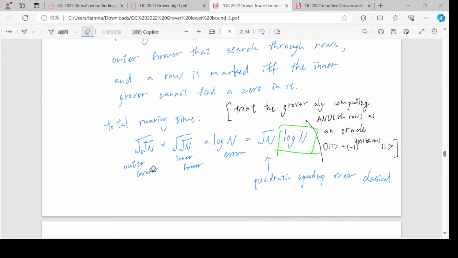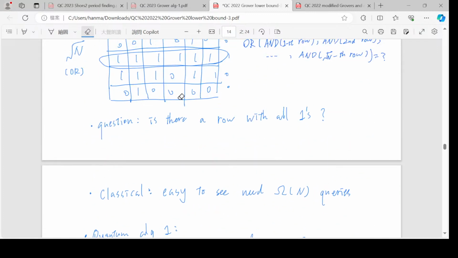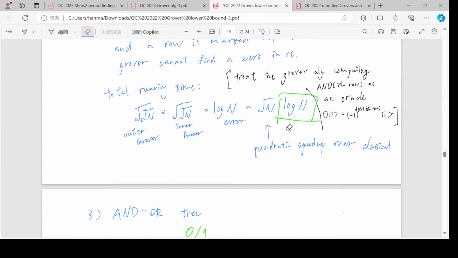So the total number of times is: the outer Grover algorithm needs to run square root of square root n queries, where each query is answered by the inner Grover. So each query needs this many times. So in total you need square root of square root n times square root of square root n, and then once again you need some log n factor because you want the inner Grover to have low error. So the total number of queries you need is just square root n times log n.